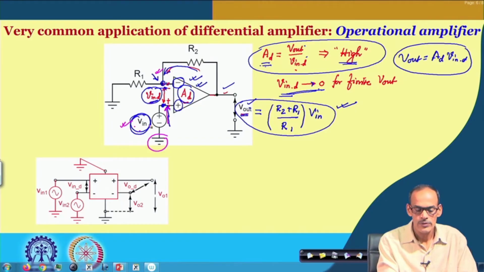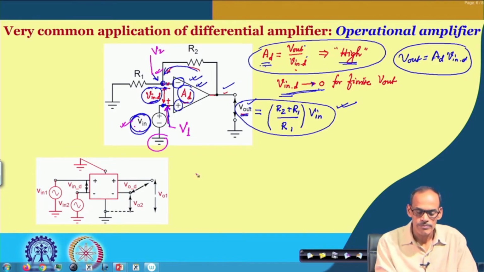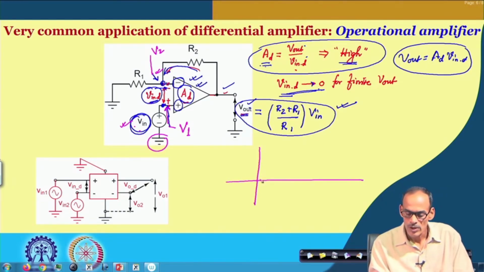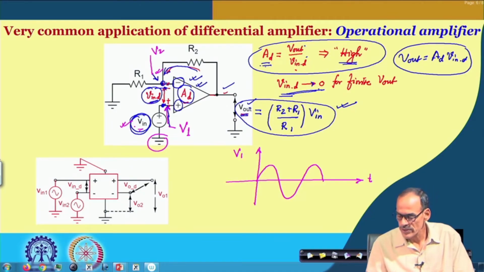So, if you consider the voltage at this point called V 1 and this one V 2, then if we apply V in with respect to time, V in and V 1 are the same. So V 1 is also the same as V in, and V 2 is very close to that.